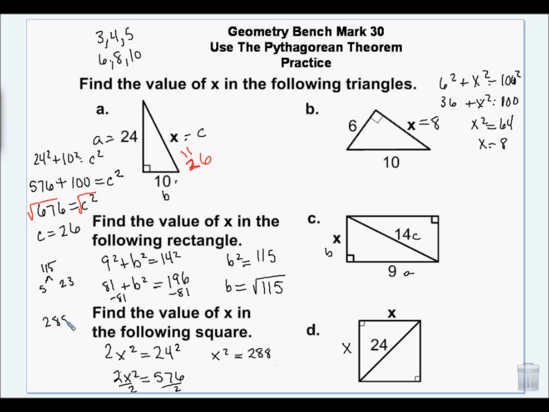Again, that's not a perfect square, so I'm going to start dividing by 2. Actually, I'm going to do this over here on the other side. I'm not going to have enough room. So I do 288, which is 2 times 144, which is 12 times 12.